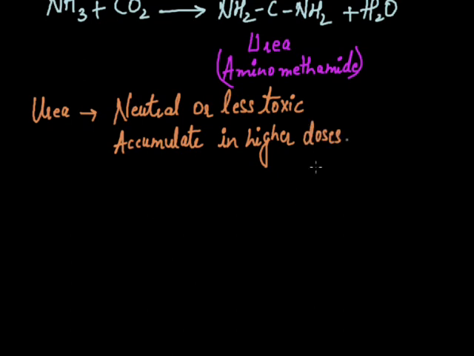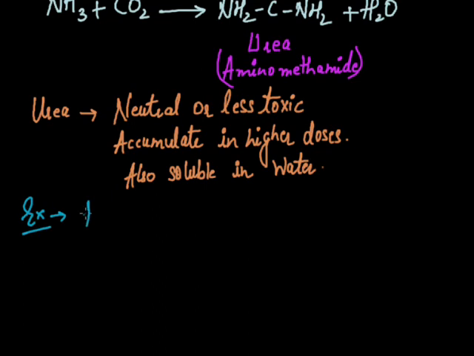It is also soluble in water, but as compared to ammonia it is less soluble. Now let's see some examples of ureotelism. They are mainly humans, that is man, which secrete urea in the form of urine, sharks, and various terrestrial animals.